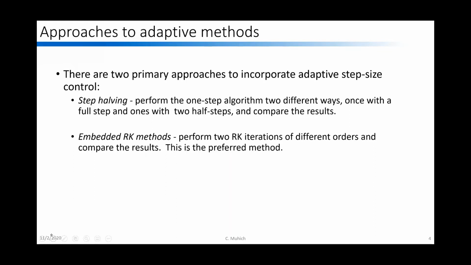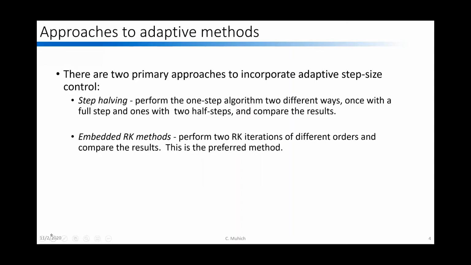The two primary approaches that we're going to look at in adaptive step size control are, first, step halving, where we're going to perform one step of the algorithm in two ways. One where we take the full step and one where we take two half steps, and then we can compare the results to tell us if we're accurate enough.